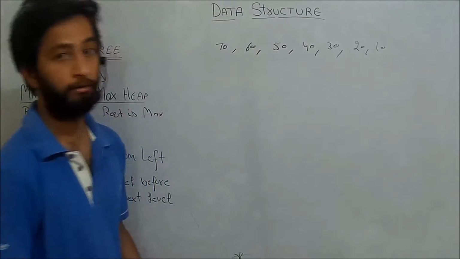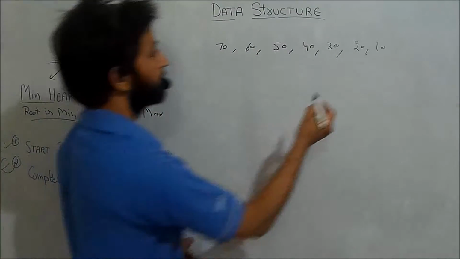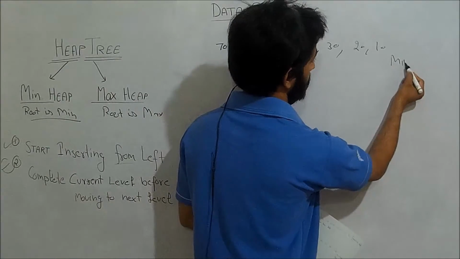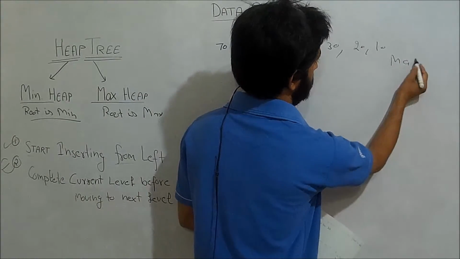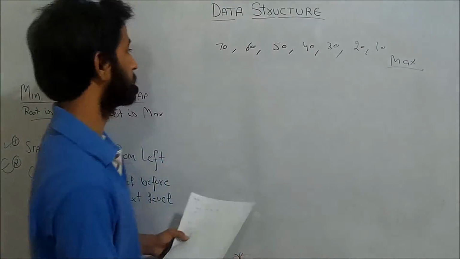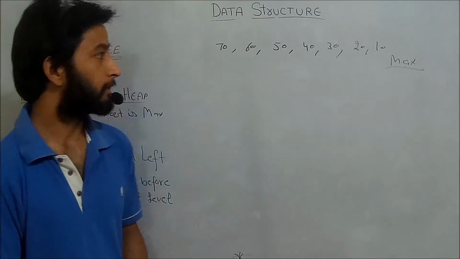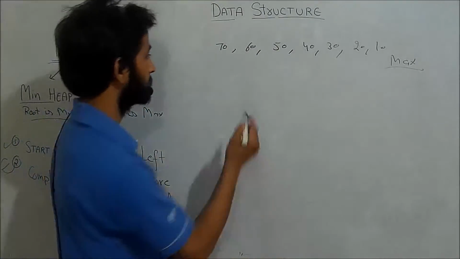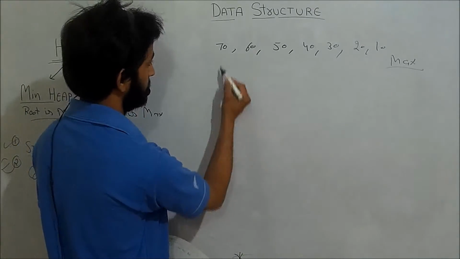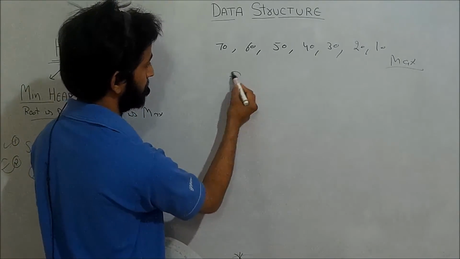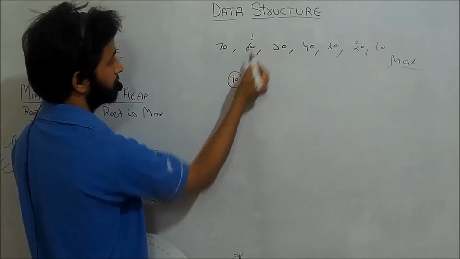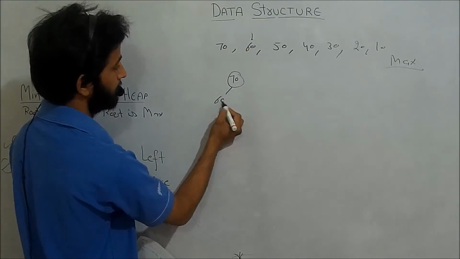Before constructing a min heap, I will construct a max heap for the given input. So for constructing the max heap, the root element should be maximum compared to its children. So the first element is 70, and the next element is 60. So 60 will be inserted at left.